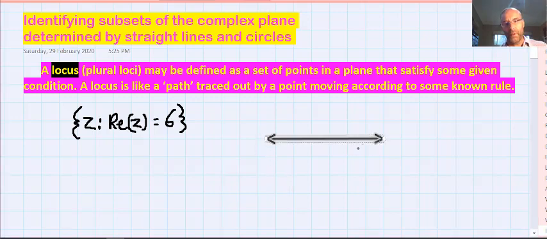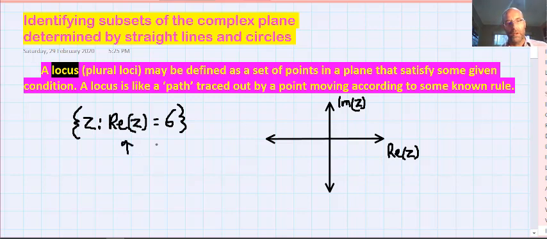If we have our complex plane, Argand diagram, and we've got the real and imaginary axes labeled as such. Now it's basically saying all the points in this locus are defined by the real component of Z equals 6.